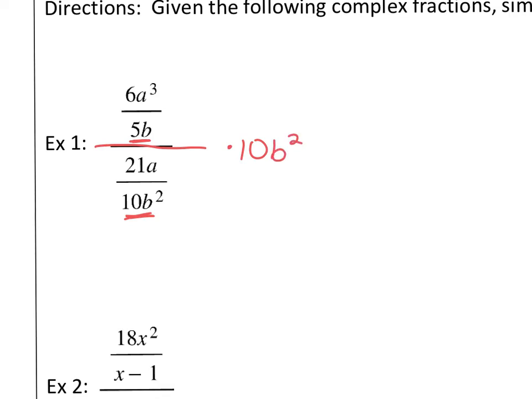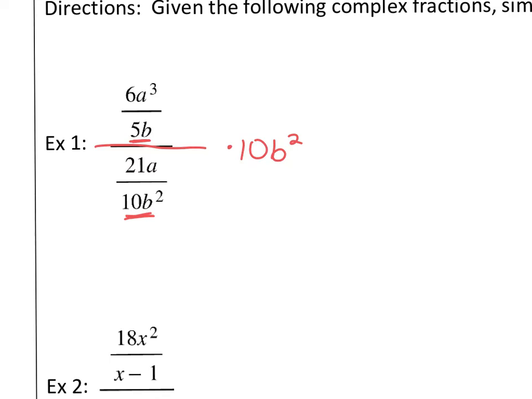Yes, so it's going to be b squared as that common denominator. So 10b squared is our common denominator. Are you with me? Because 5b goes into that and 10b squared goes into that. We all see that? Is anyone confused? Okay, so that is our common denominator.